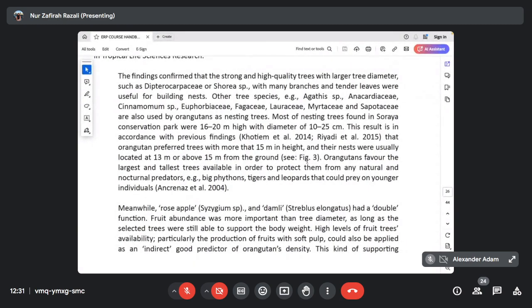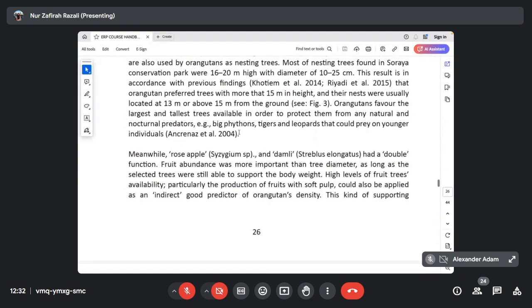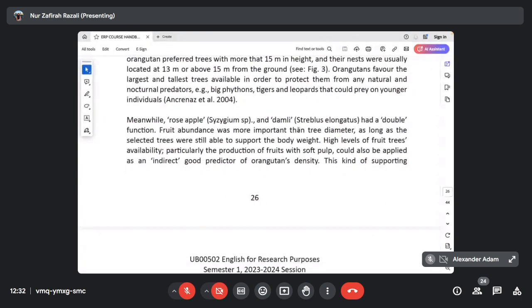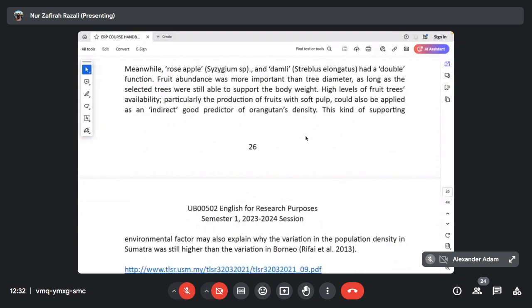See figure 3. Orangutans favor the largest and tallest trees available in order to protect them from any natural and nocturnal predators, for example, big pythons, tigers, and leopards that could prey on younger individuals. Meanwhile, rose apple and damli had a double function. Fruit abundance was more important than tree diameter as long as the selected trees were still able to support the body weight.